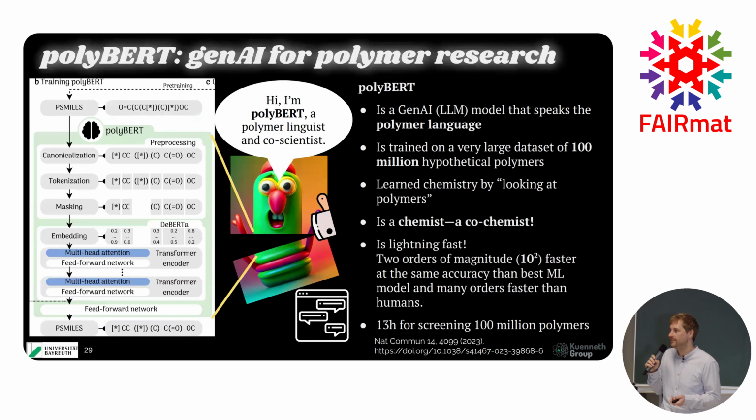I always tell people about acceleration, so 2 orders of magnitude is something. Here, as an example, in 13 hours we can screen 100 million polymers. And if you think about 30 properties, right? If you think about the large universes that we actually act in, then this is very, very helpful to find and discover new materials.